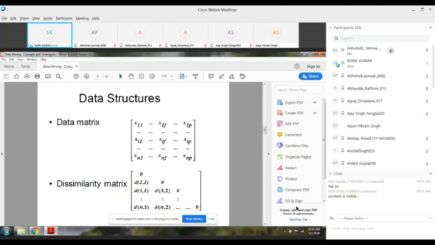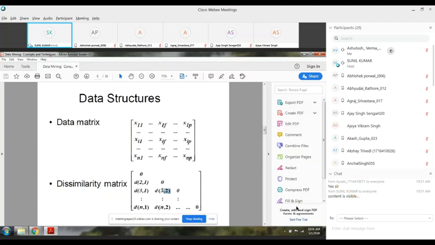Am I clear at this point? If I ask one more question, what will be the dissimilarity of 2 comma 3? Will it be equal or different?